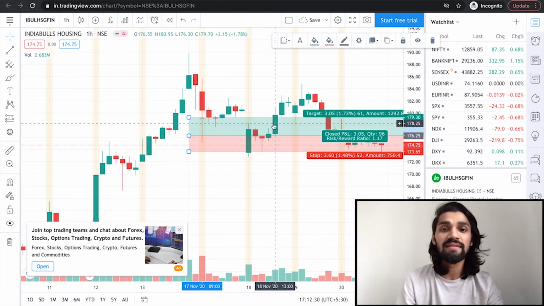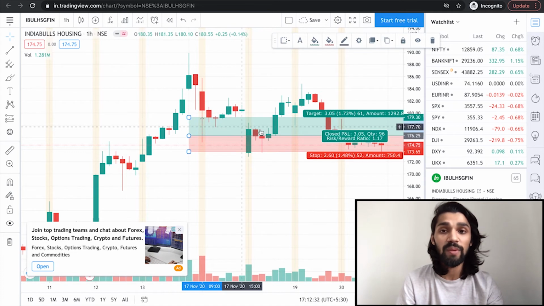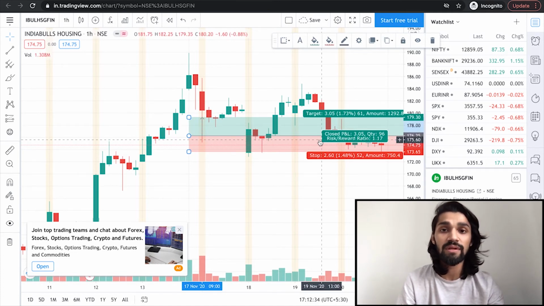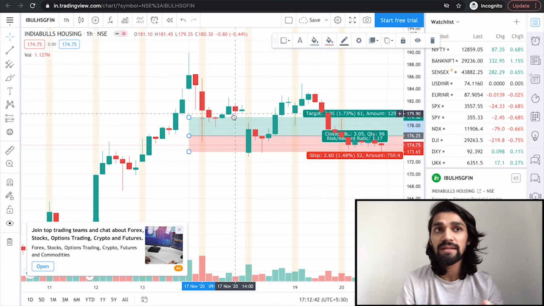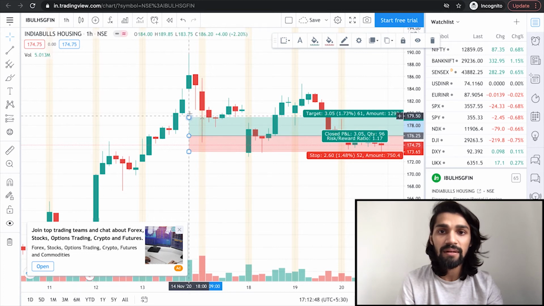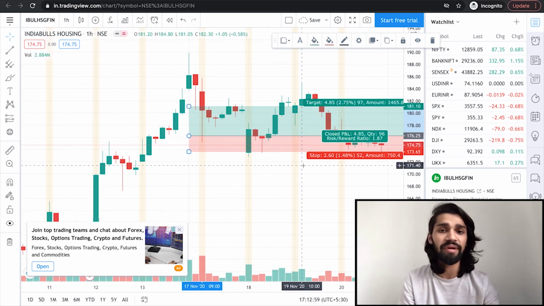So if you see, the reward to risk ratio here is 1.17, which is more than 1, which is good, but you see it broke the resistance here. That was actually a support earlier, which became a resistance because of the theory we learned, support becomes resistance. It broke that, and the next resistance would be here, so we can go up till here. So this seems to be a very good trade. You can definitely go ahead with this trade.